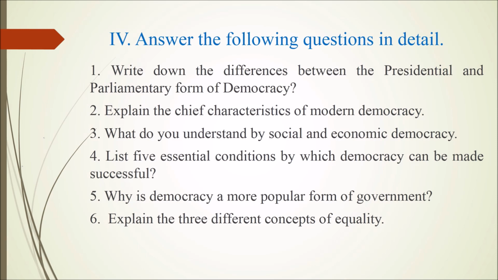Question number 4. List 5 essential conditions by which democracy can be made successful. Question number 5. Why is democracy a more popular form of government? Question number 6. Explain the 3 different concepts of equality.